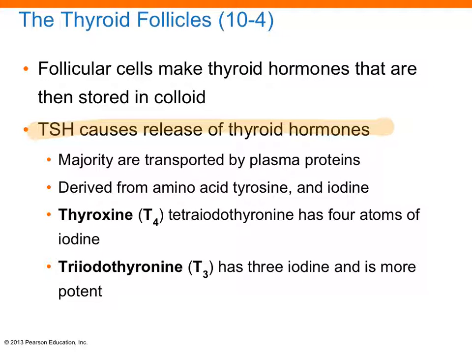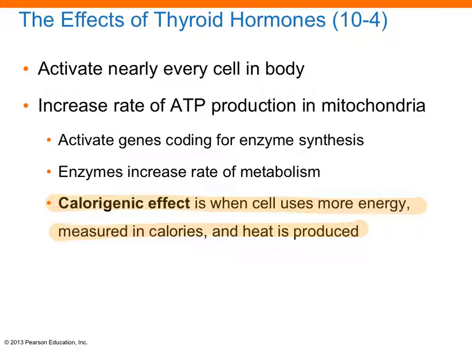Let's go over the thyroid follicles. TSH causes the release of thyroid hormones. There are 2 main ones, thyroxine, T4, and then triiodothyronine, and that has 3 iodine and is more potent. These 2 hormones are very effective.